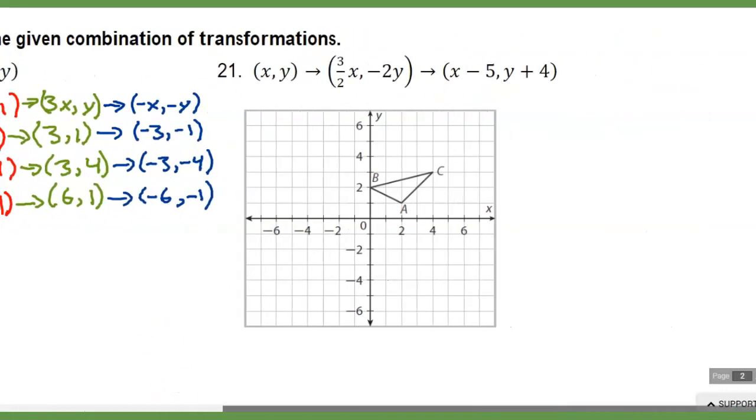All right, let's practice one more of these. Again, same thing. Start by writing down the coordinates. A is at 2 comma 1. B is at 0 comma 2.